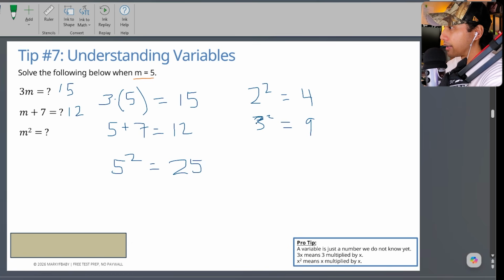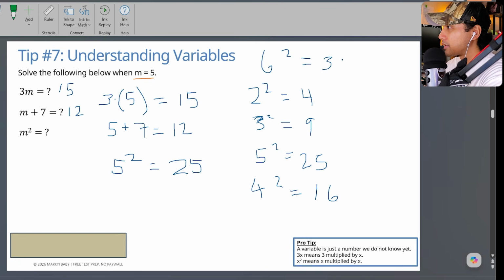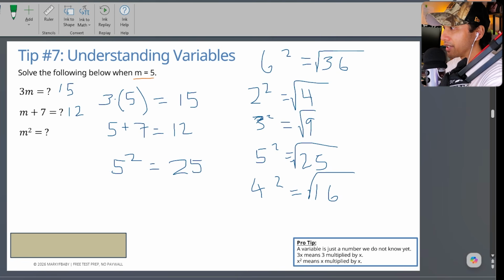And then 5 squared equals 25. 4 squared equals 16. Okay, 6 squared equals 36. And then when you do all these in reverse, which is the square root, the square root of 36 equals 6, the square root of 16 equals 4, the square root of 9 equals 3, the square root of 25 equals 5. Okay, you need to know those.